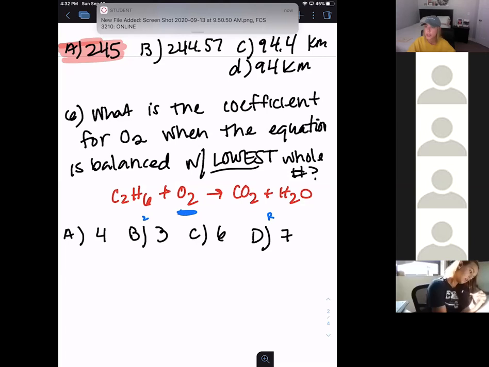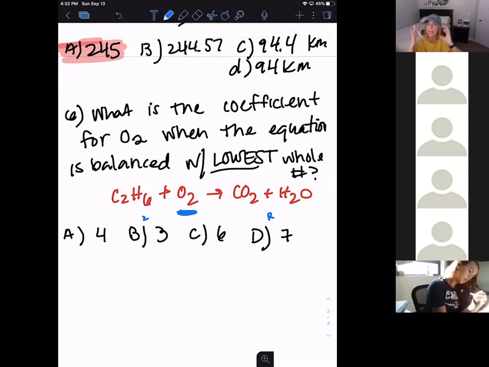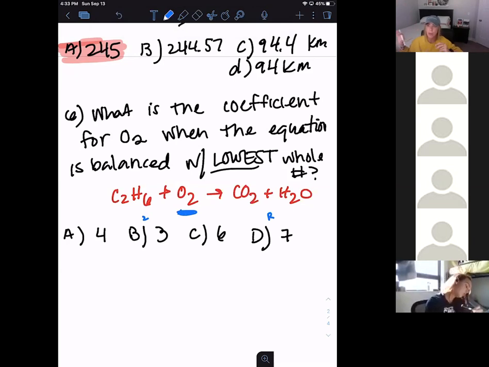Exactly. That's a trick you need to pay attention to. Find the solo atom on one side of the equation. There's always going to be one most of the time. Look on the right side, since that's the products. Count how many we have. Fix your left side. So to make this O2 into 6, we would have to put a 3 here.